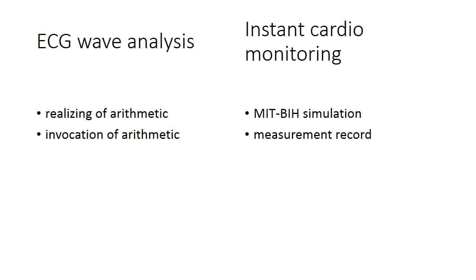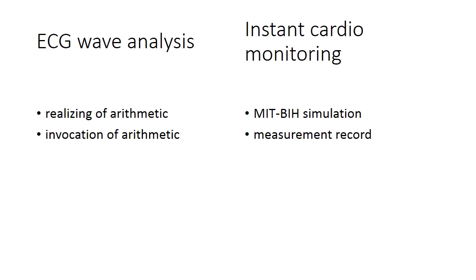And instant cardio monitoring. Because of the lack of data collection hardware, all the data comes from MIT-BIH. So we use data from MIT-BIH to do simulation. After the user selects an information folder, we process a mock data collection and then display analysis results on screen, including the current rhythm of the heart, the cumulative count of premature ventricular contractions, the marker of missed beats, and the marker of stopped beats.